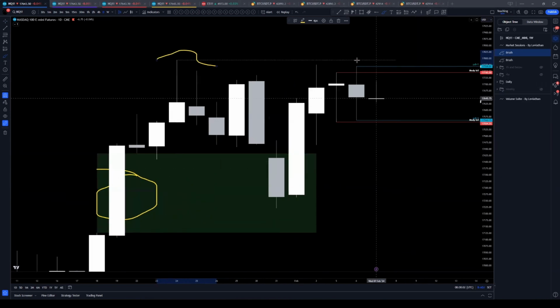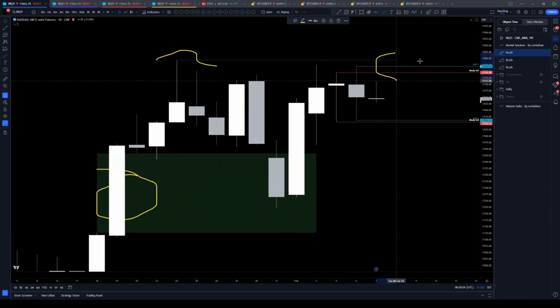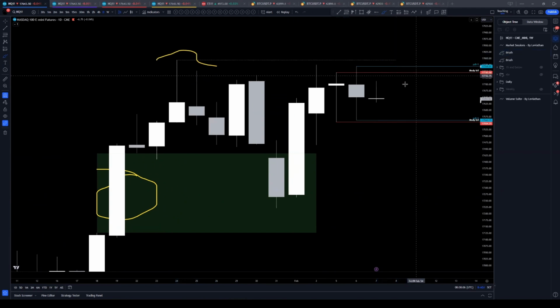So for me, I know there's a draw on this liquidity. It's just a case of how do I act upon that, because I can't take trades with minis or even micros. I can't take it and target weekly highs. I need to be in and out on the day. So it's just, I suppose, a narrative of price.